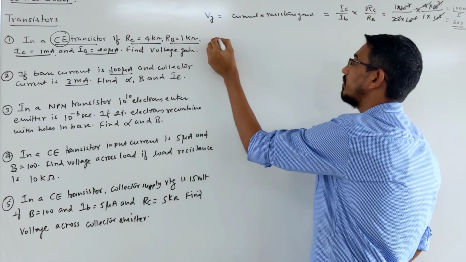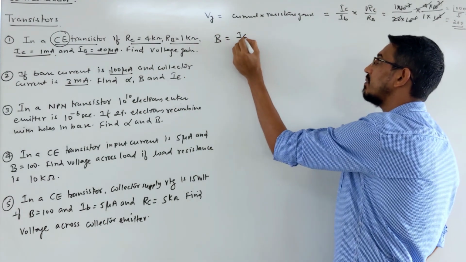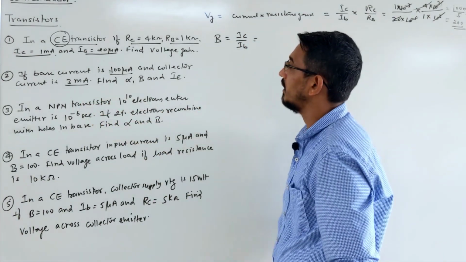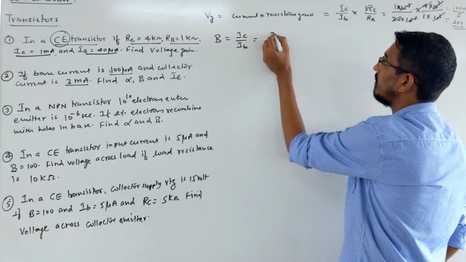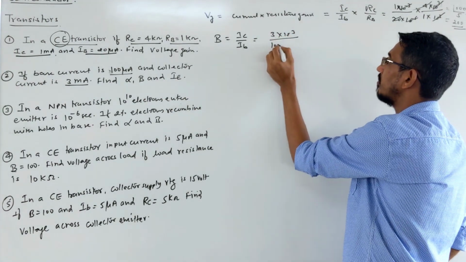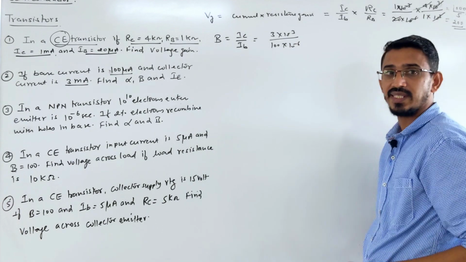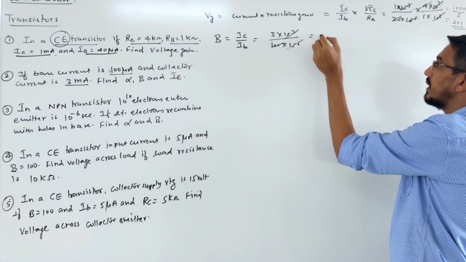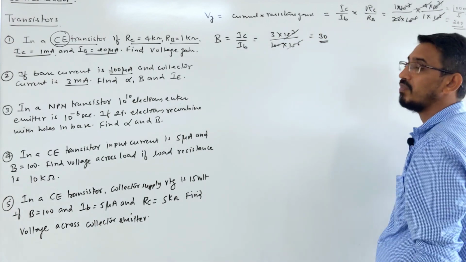Beta is IC by IB. Both currents are known, so we can directly find it. IC is 3 milli, 10 power minus 3, and 100 micro means 10 power minus 6. 3 zeros cancel, 2 zeros cancel, so the answer is 30. This is your beta.